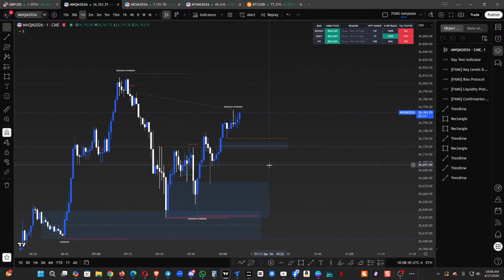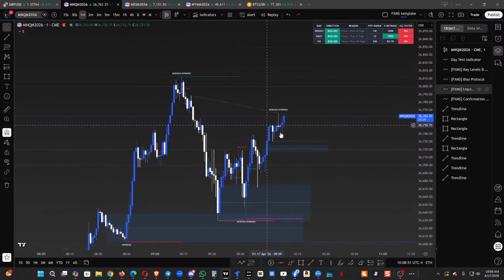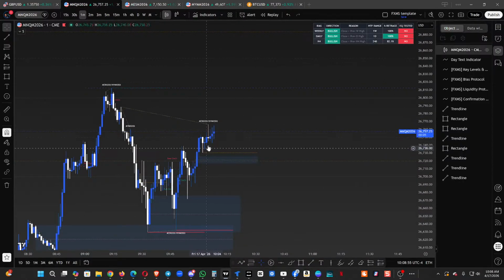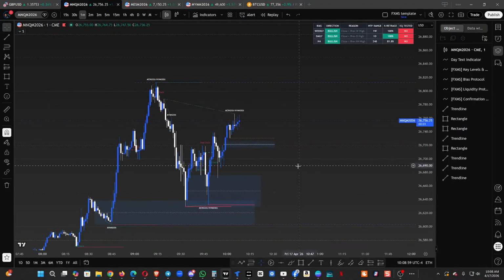Very slow and deliberate candles. Not too exciting, but this is why we sit on our hands.